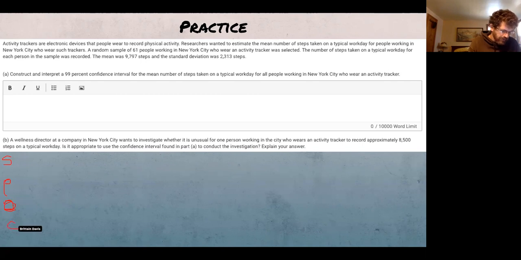So we want to find mu, which is the true mean number of steps for workers in New York City with activity trackers.